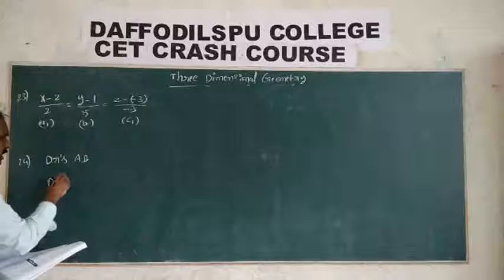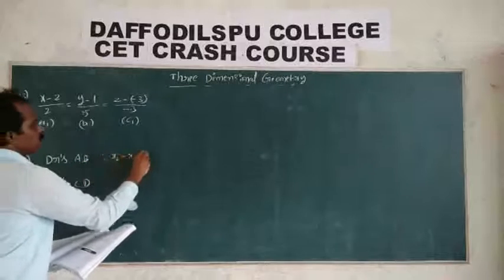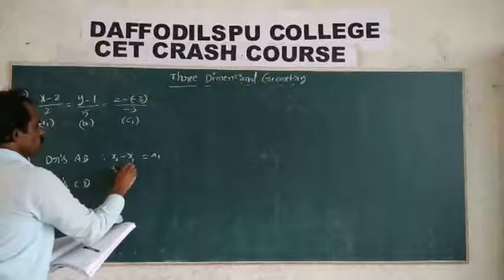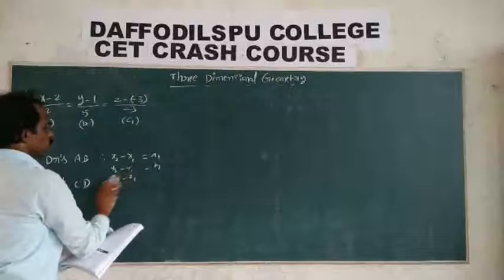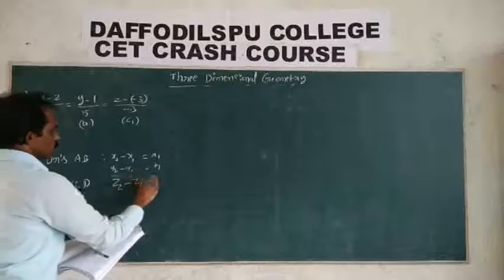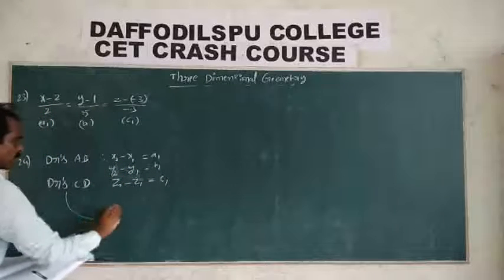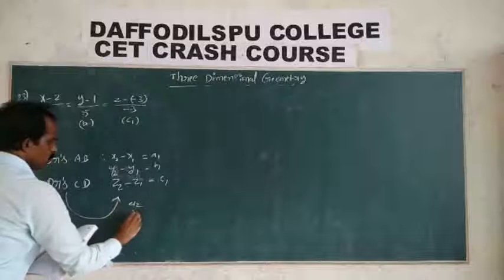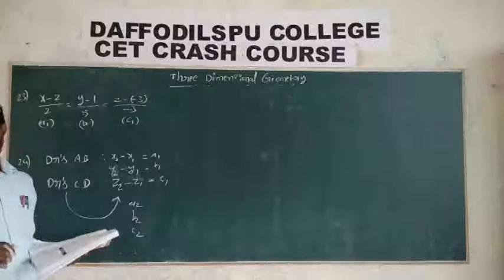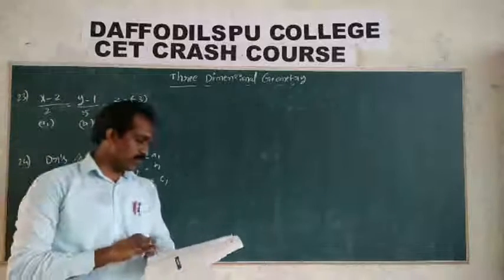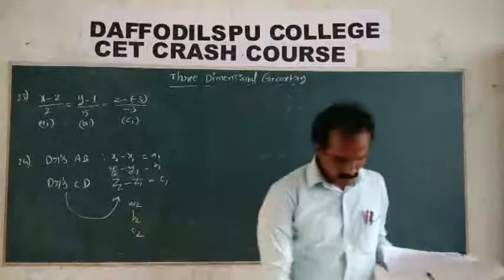Next, to find direction ratios of CD, after this x2 minus x1 is equal to a1, y2 minus y1 is equal to b1, z2 minus z1 is equal to c1. Same process like this, a2, b2, c2, and apply cos theta is equal to a1 a2 plus b1 b2 plus c1 c2 divided by the square roots. Okay, 24 also same like that.